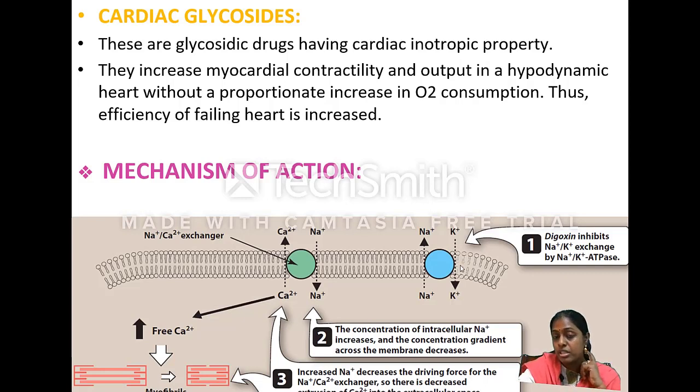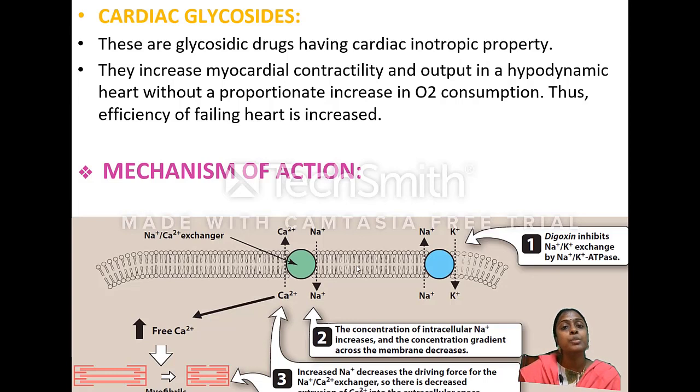First, digoxin will inhibit the sodium potassium ATPase pump. So when it is inhibiting this pump, sodium and potassium won't go out and in, isn't it? In the introduction yesterday I told you that more sodium enters rapidly into our cytosol.